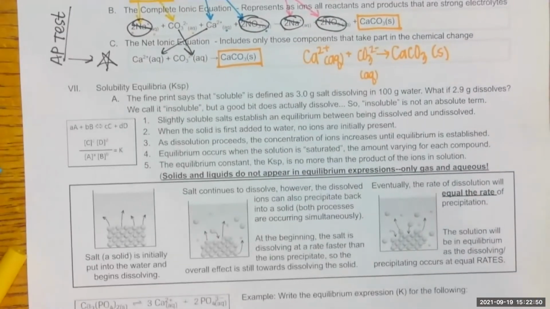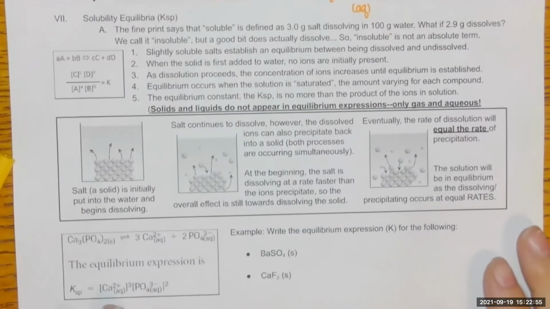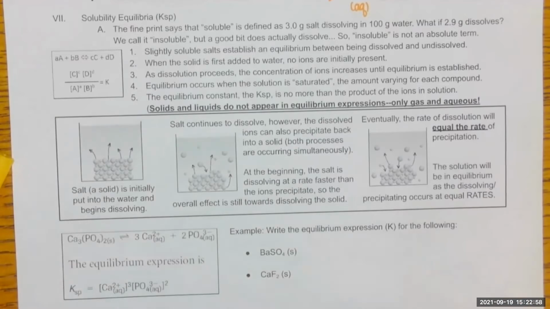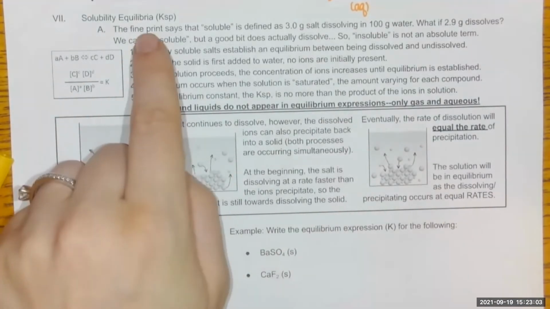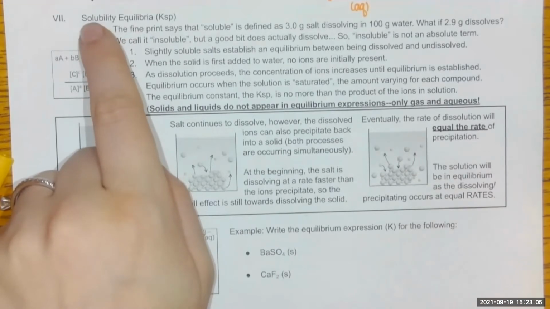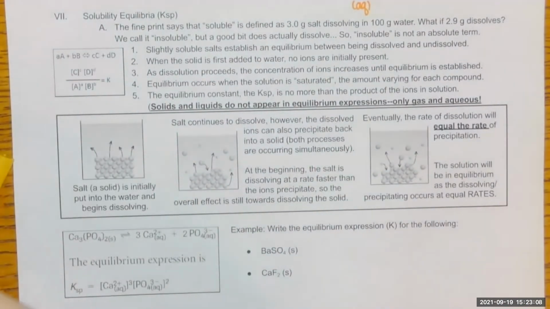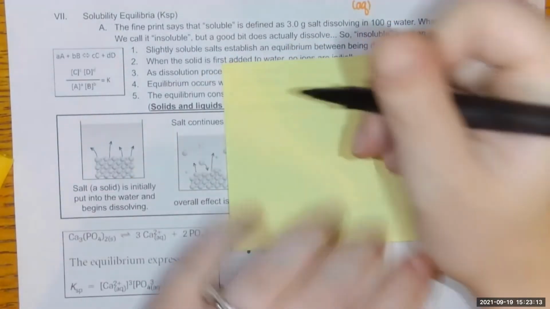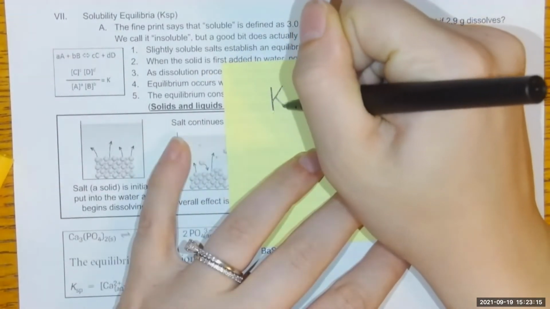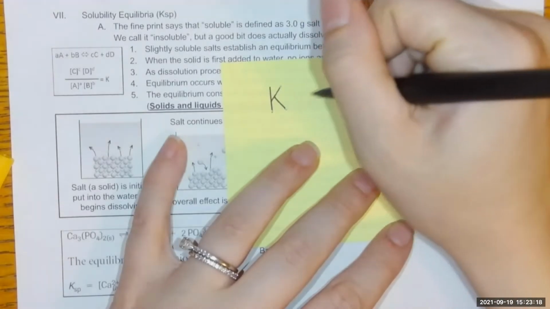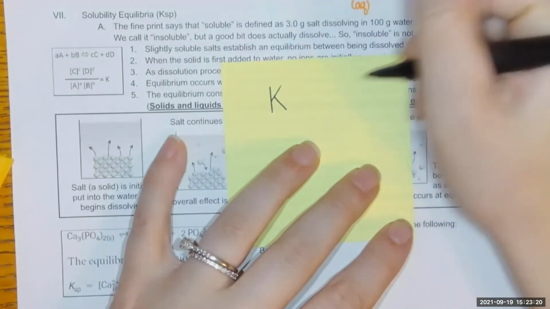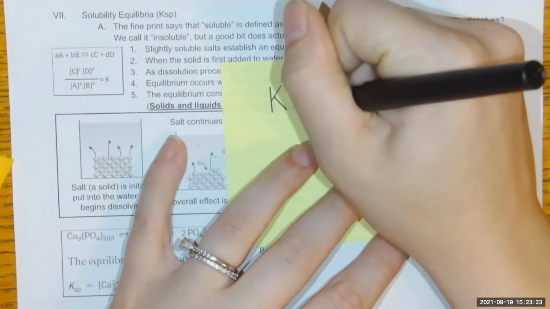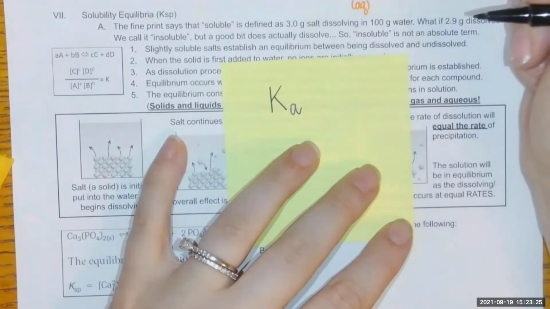So back to the notes here. This is new stuff that you've probably never seen before. We're dealing with equilibrium, and specifically equilibrium related to solubility and dissolving. So in honors chem, we dealt with some equilibrium. I said equilibrium is like a K value, and if you're taking the equilibrium of an acid, then it's Ka, which is true.